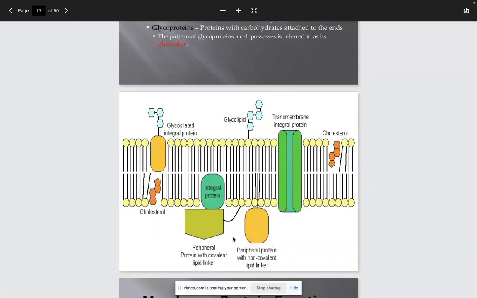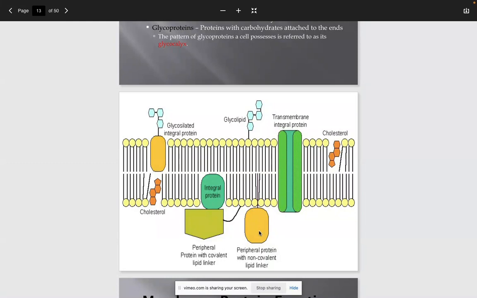This is a picture to be familiar with. I like this picture. This is just in a simplistic form. This is your cholesterol. What does cholesterol do again? That's right, it maintains the stiffness and the rigidity for the cell. This is the transmembrane protein, and we know it's transmembrane because why? That's right, it's spanning the entire portion of the cell. And this is the peripheral protein on the outside, right?